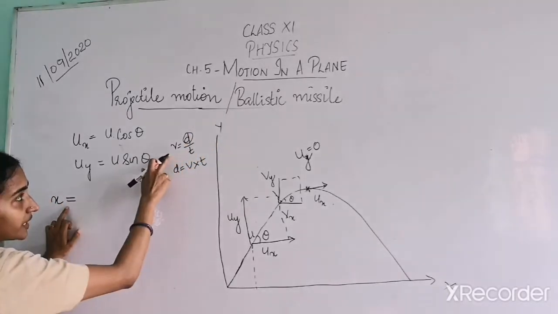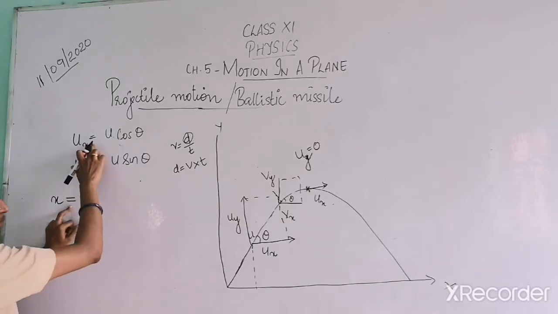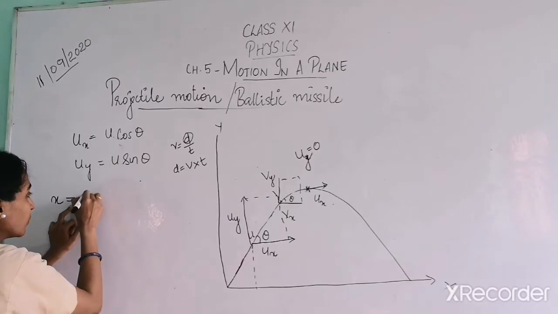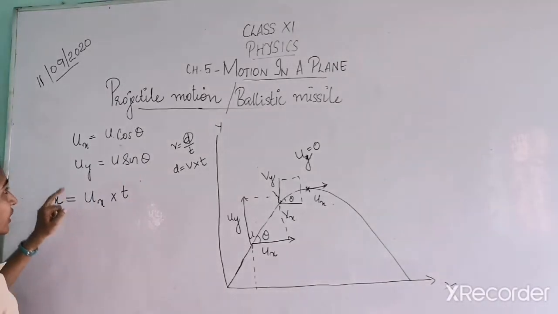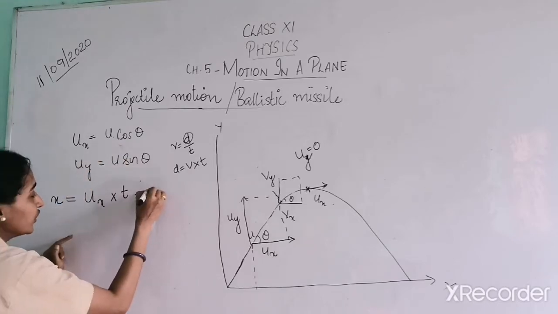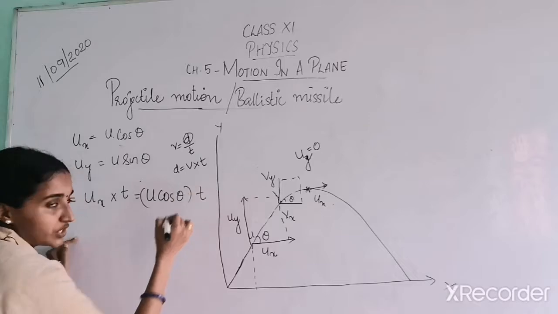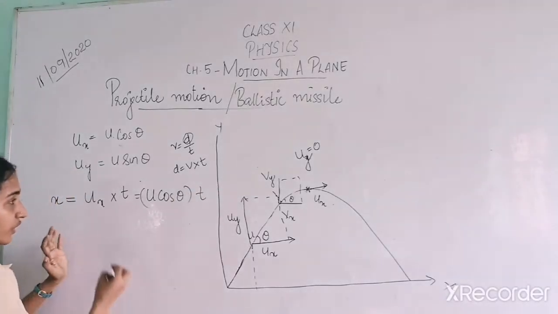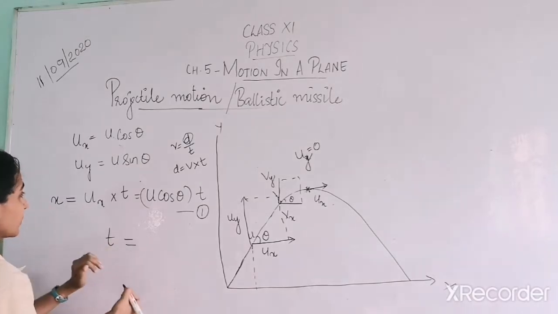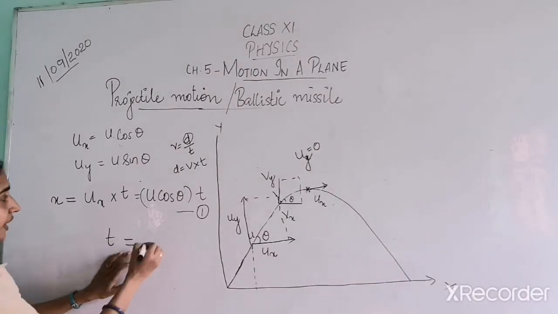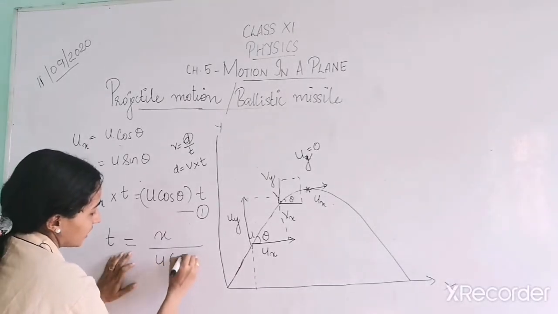Now horizontal displacement x will be equal to horizontal velocity ux into time t, or ux is u cos theta, so x equals u cos theta into t. Is that right? Now from equation number 1, can you write what is t? T will be x upon u cos theta.